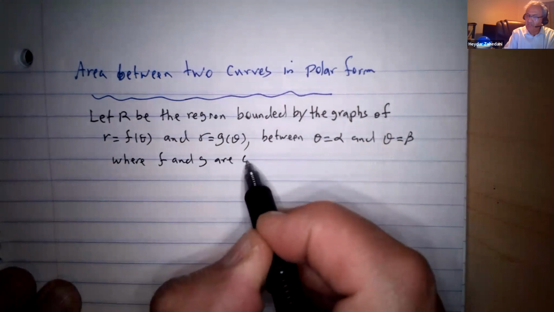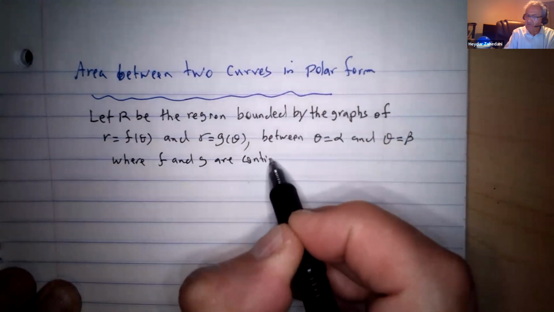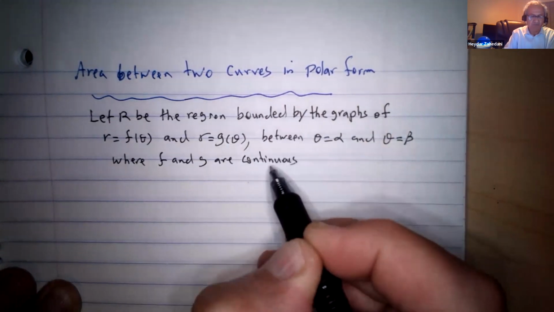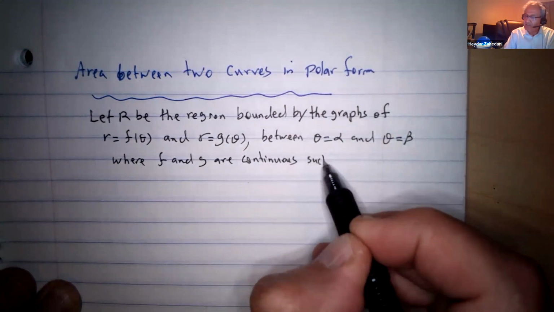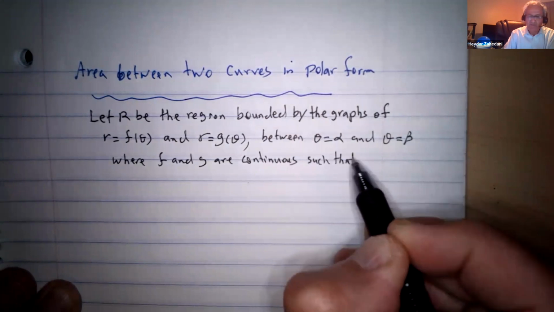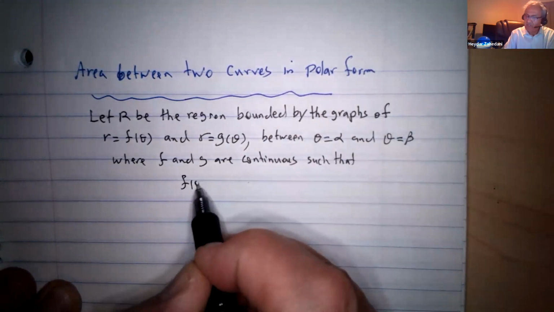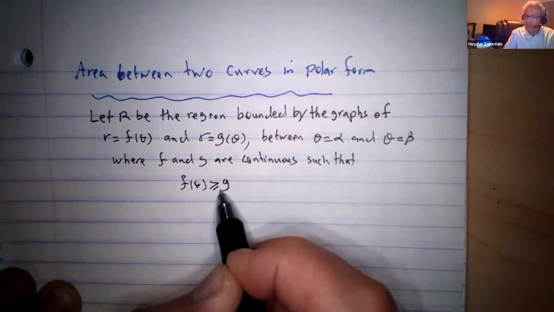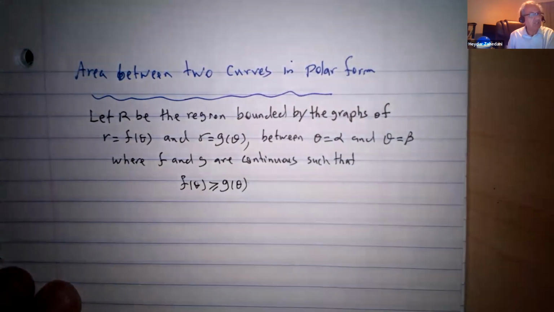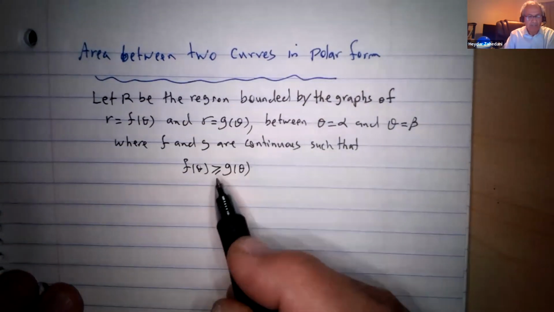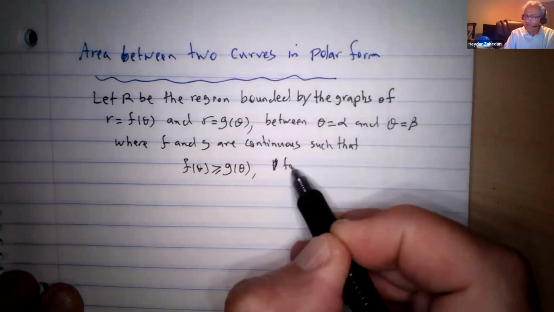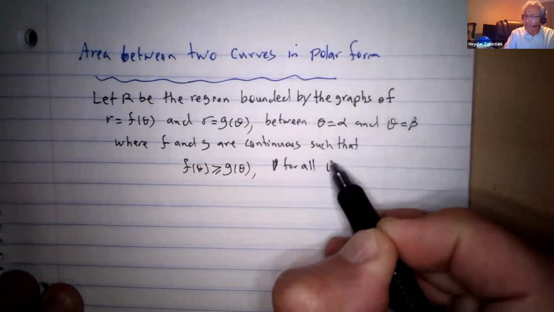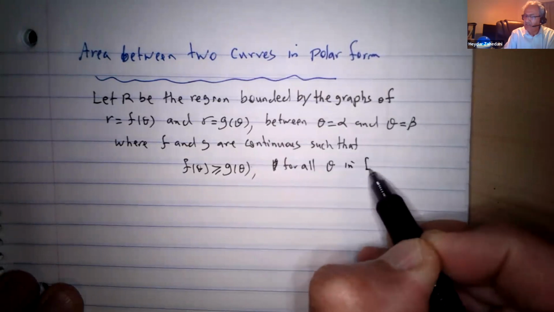As in calculus 1, you must know which one is on the top, because the difference must be positive. We assume that f of theta is on the top. Not a big deal. You can go with the absolute value because the result must be positive. This is the case for all theta in this interval, the domain.